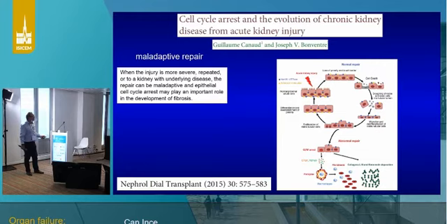But what can happen is that this cell cycle process is disturbed, and you have a cell cycle arrest, and what then happens is these cells no longer become epithelial cells, they turn into fibroblasts. And this is the process that results in the fibrosis of the kidney.